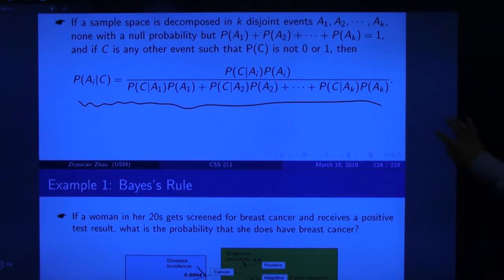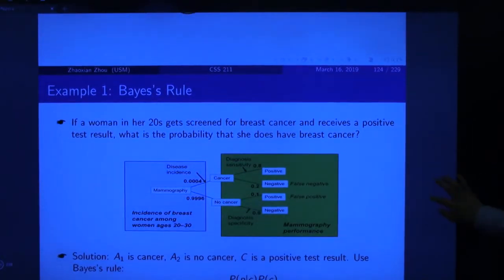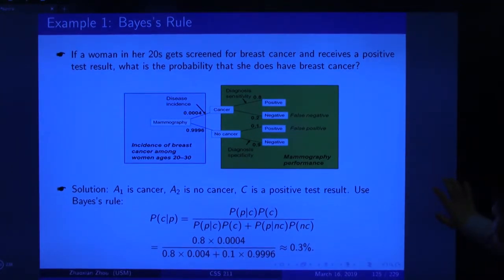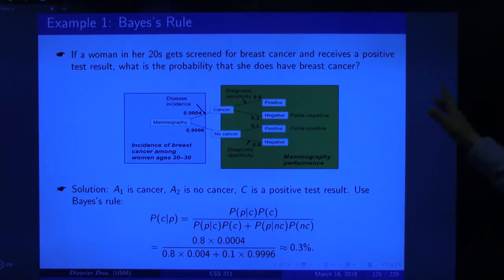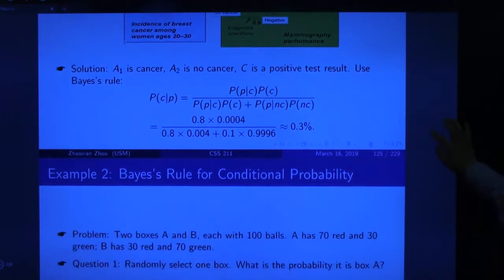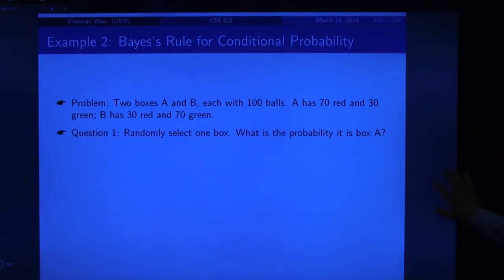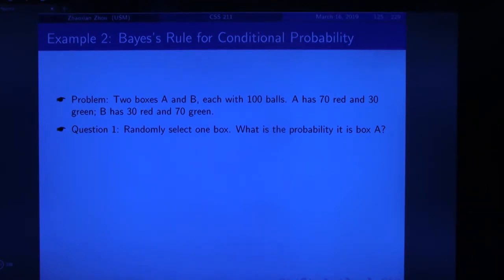The first one is we can apply Bayes' rule to the breast cancer example we just discussed, and we just plug into the formula, and we get the same result. So this means Bayes' rule is correct for this example. Another one is very interesting, and we are going to discuss it a little bit more.